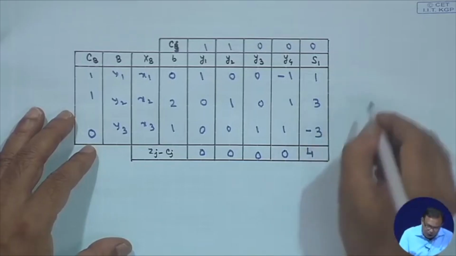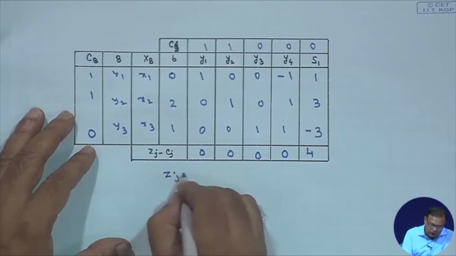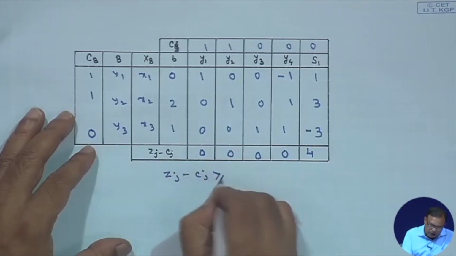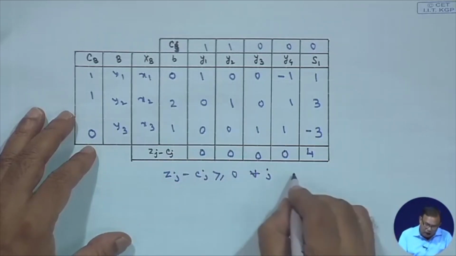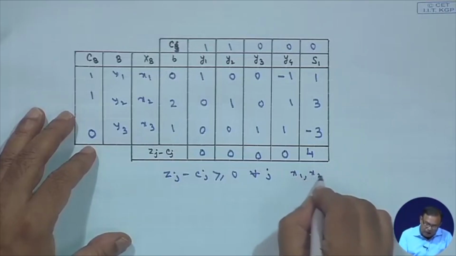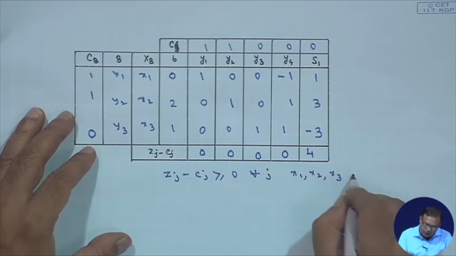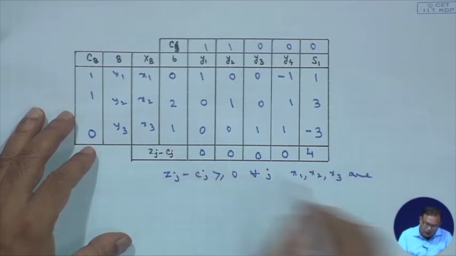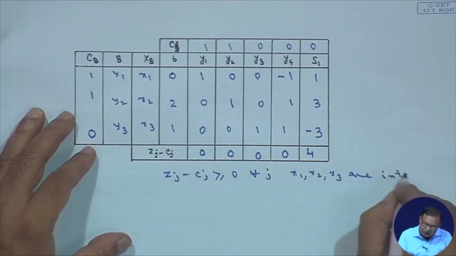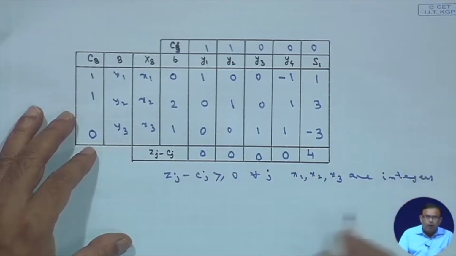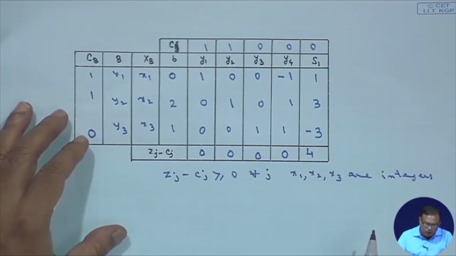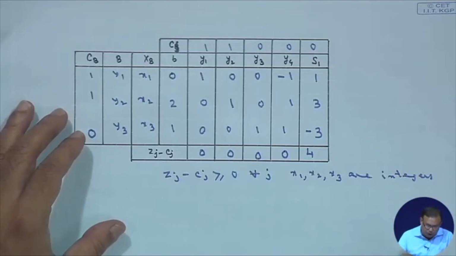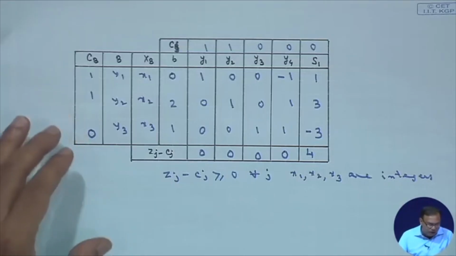So, if you see here, your Zj minus Cj is greater than or equal to 0 for all j, and the basic variables, which are x1, x2 and x3, have integer values. Therefore, you have obtained the optimal solution, which also satisfies your feasibility condition.